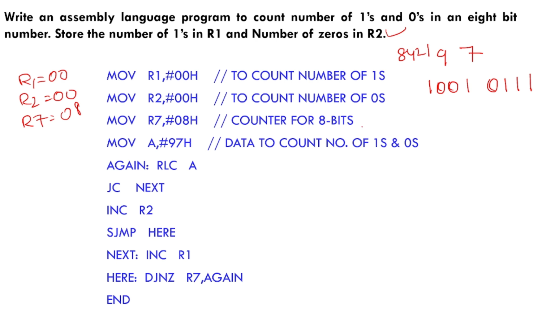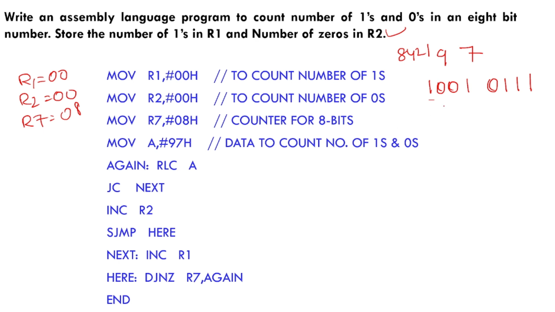Okay, here in this 8-bit number I want to count the number of zeros and the number of ones. Okay, that is the logic. Okay, now what I am doing: rotate left along with the carry.